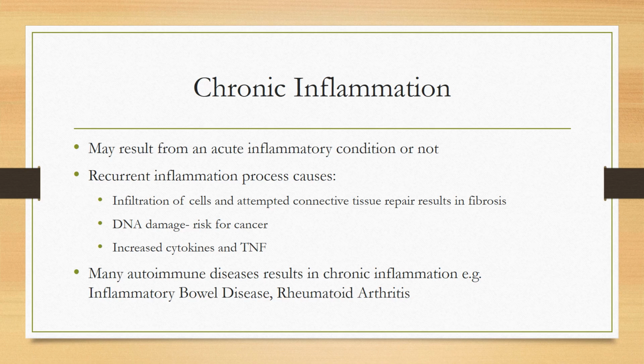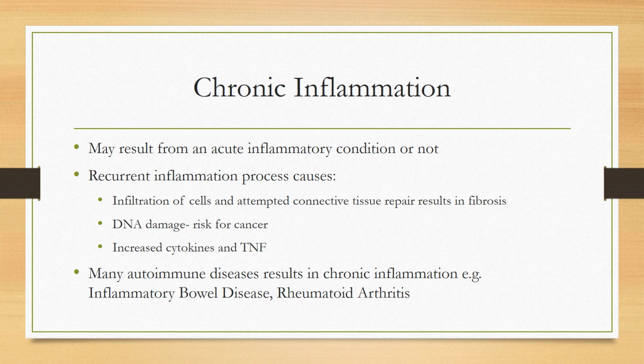It's slow in coming, and you don't really even pay attention to it. It might be something like a low-grade, smoldering response that doesn't even initiate an acute inflammatory response.